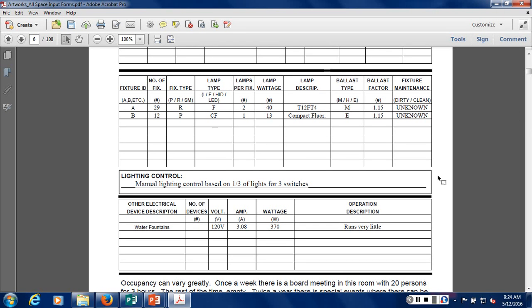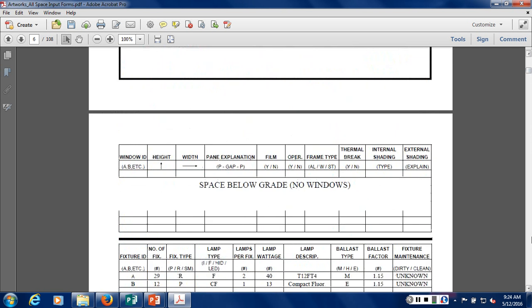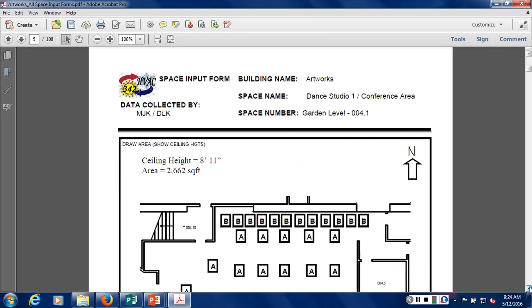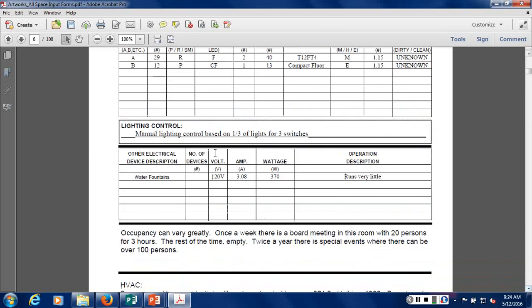The next area down, we put the condition of the lighting control. In this case, the room has lighting control based on 1/3 of the lights for 3 switches.